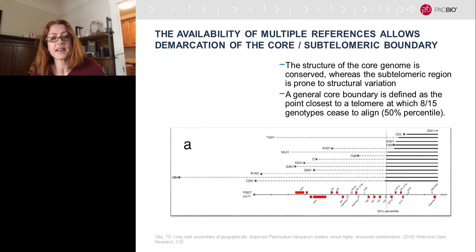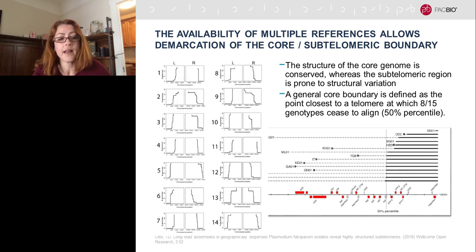And so they devised a cutoff point where the core boundary delineation is defined as the point closest to the telomere at which 8 out of 15, or more than half, of the genotypes cease to align. And so what I'm showing on the left now is one example for one of the genomes showing the left and the right telomeres.